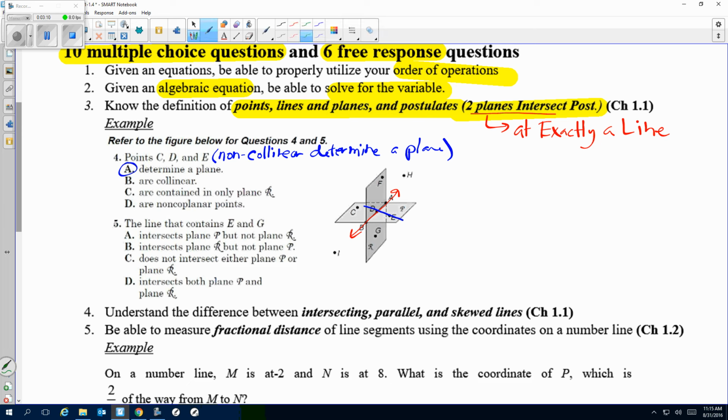You're going to be able to write on it, do whatever you need, highlight, color code if you need to. Since this is a line containing E and G, I could physically draw a line through them. I'm hoping you get D for this one. So that's how I'm testing on vocab.